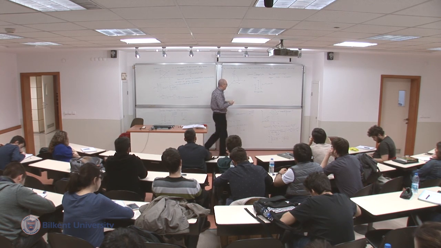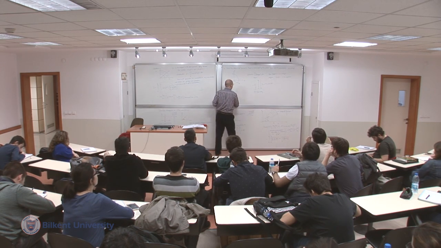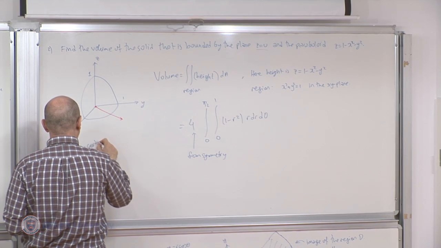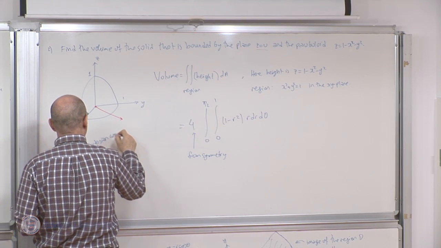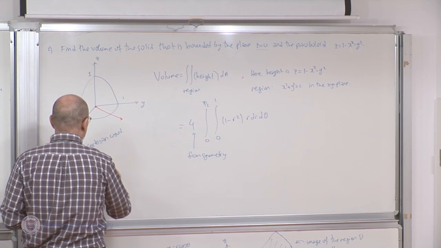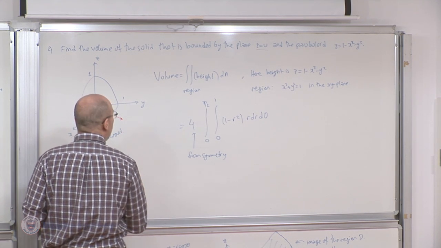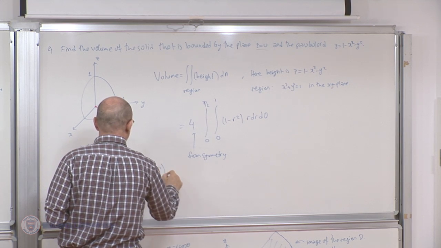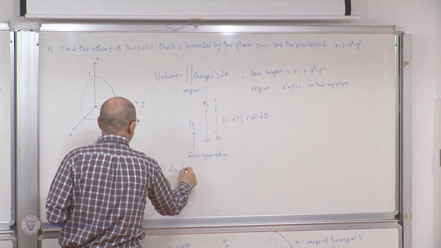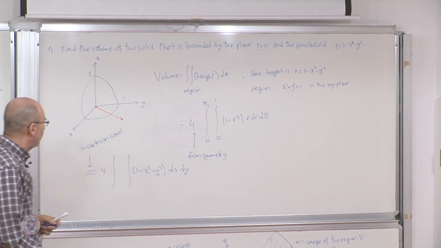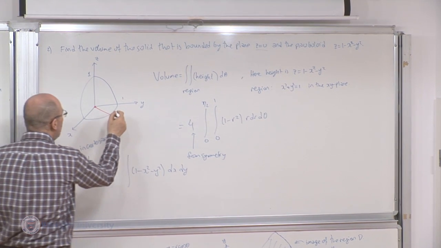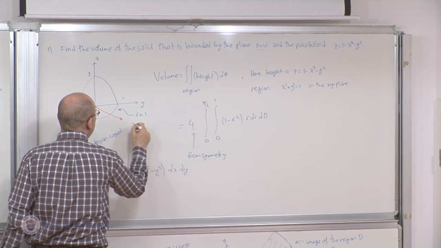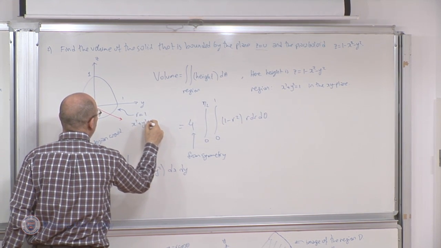Before we integrate this, let us do this also in Cartesian coordinates. Again, 4 times. Height is 1 minus x squared minus y squared, dx dy. Either it is r equals 1 or x squared plus y squared equals 1.